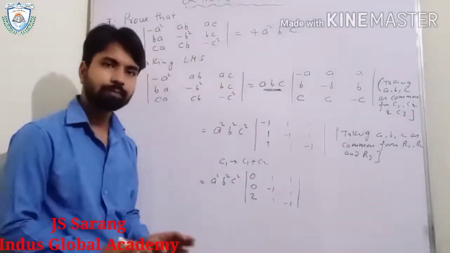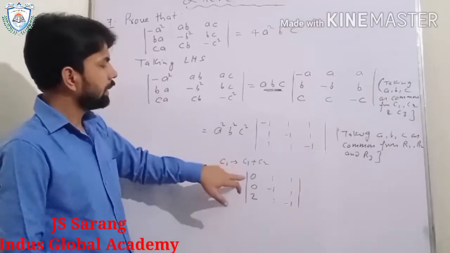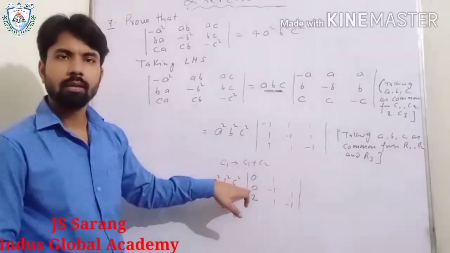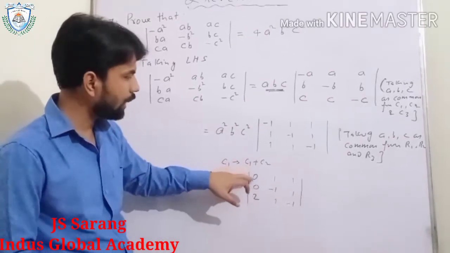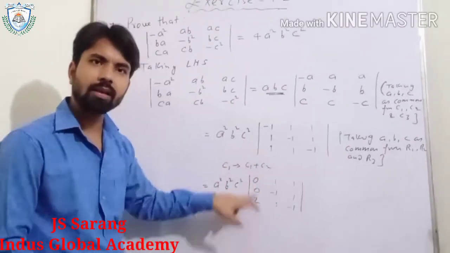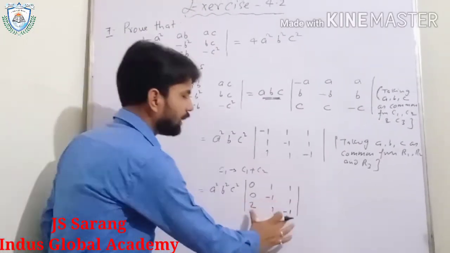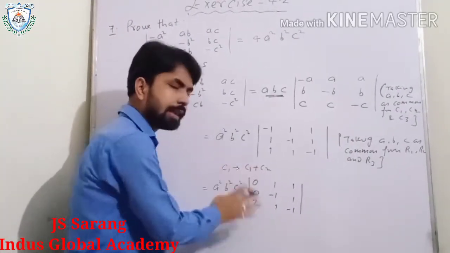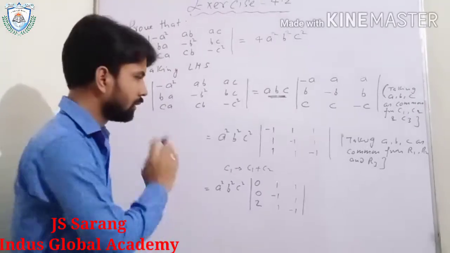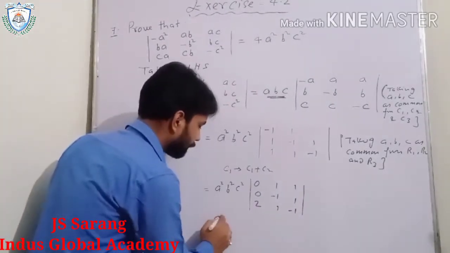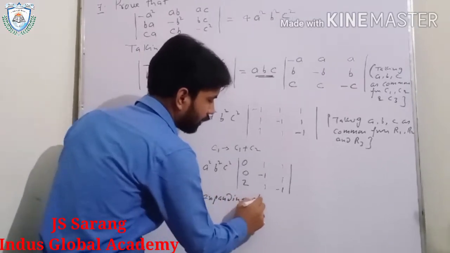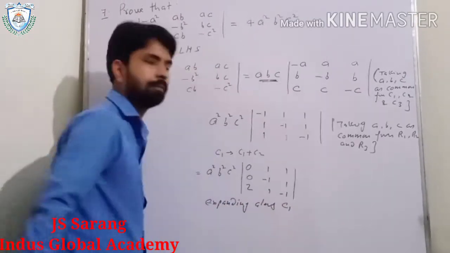Hope it is clear. Now see, here two elements of the first column are 0. Understood? So we will expand this determinant along C1. Clear? So we will write expanding along C1.